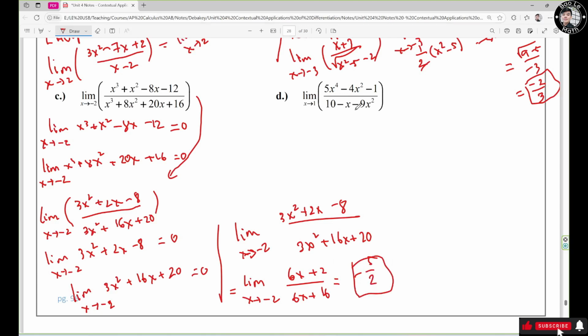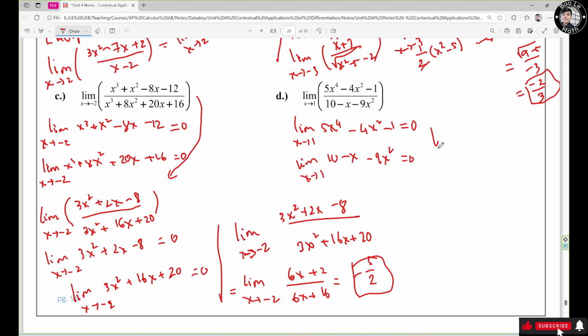Alright, let's move on to question D. Now we have the limit of 5s to the 4 minus 4s squared minus 1 equals 0 when s approaches 1, and the limit of 10 minus s minus 9s squared when s approaches 1 equals 0.